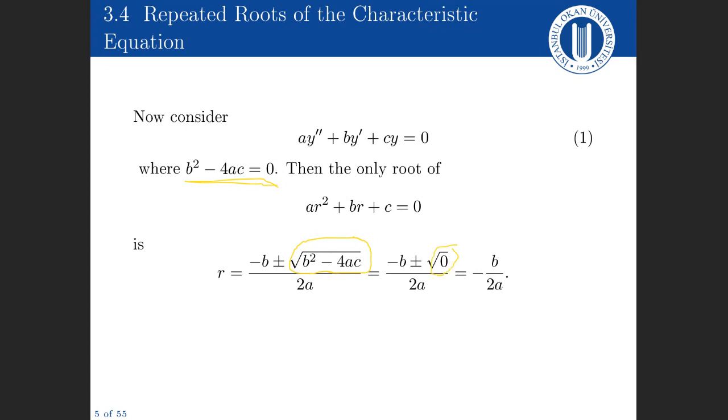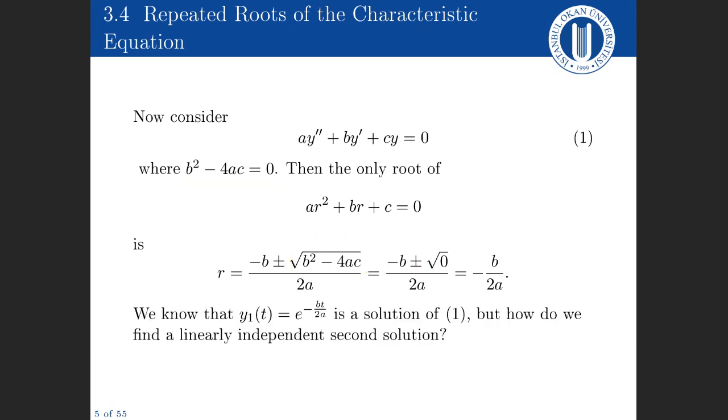In other words, we have the repeated root minus b over 2a. So we know one solution. We know e to the power r1t, or in this case, e to the power minus bt over 2a is a solution. But to be able to write down the general solution of a second order equation, we need two linearly independent solutions. So the question becomes, how do we find a second solution?